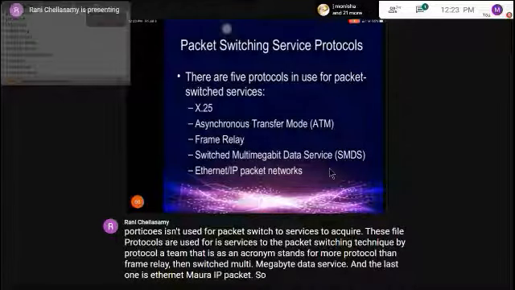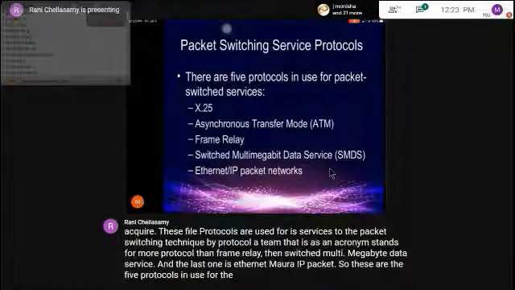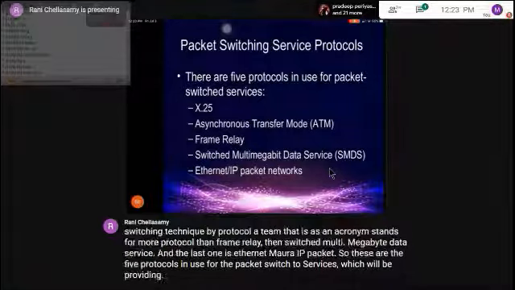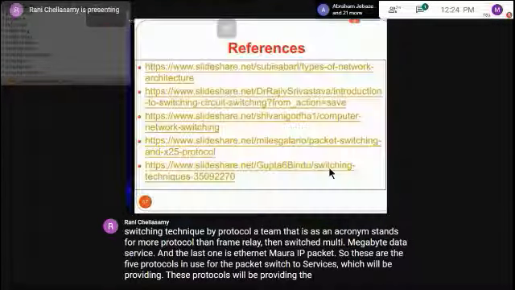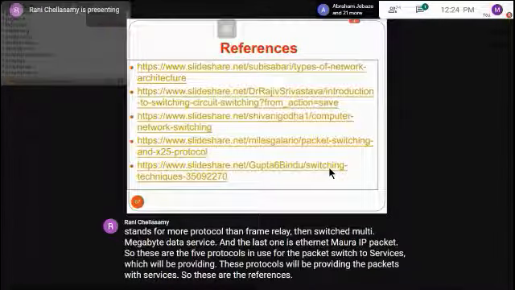These are the 5 protocols in use for packet switched services. These are the references used for making the presentation.